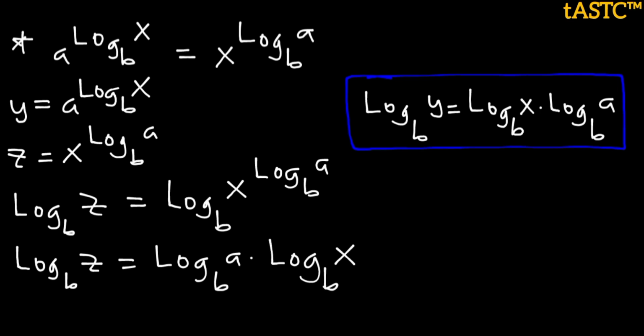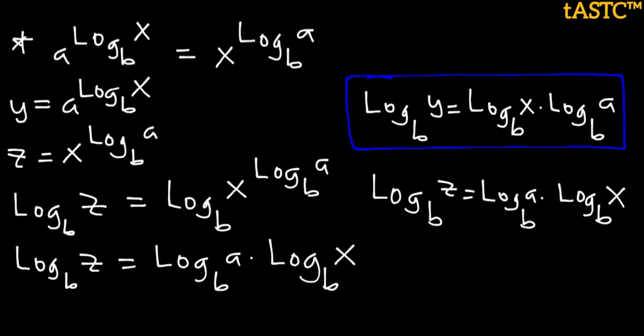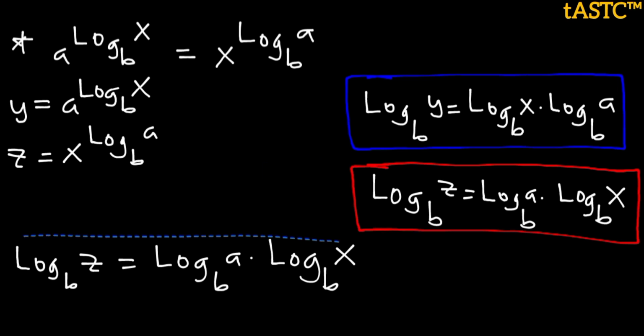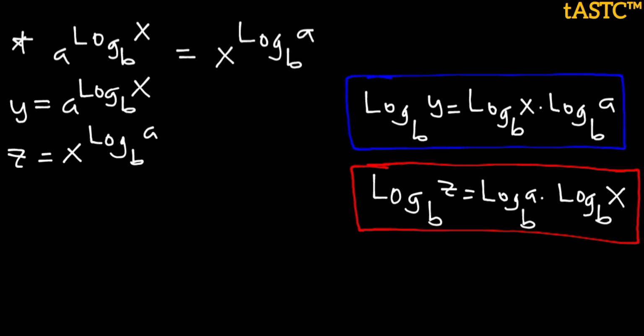That is what you got. Now we need to write it out here. So this is going to be log to the base b of z, and that is equal to log to the base b of a multiplied by log to the base b of x. Now from here we can find out something is actually happening.